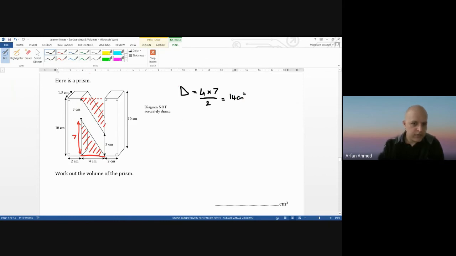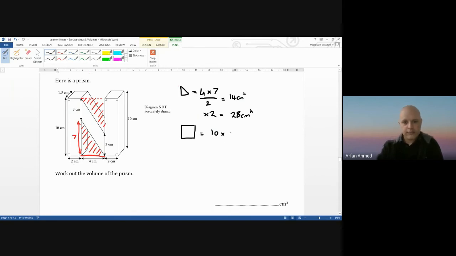We've got 2 of them. They're both the same. Yeah, from there to there's 7. That's going to be 4. It's the same. So 2 of them is going to be 28 centimeters squared. The area of the rectangle, the front face, if it's a complete rectangle, is going to be 10 times, what's the bottom going to be? 4 plus 2 plus 2.